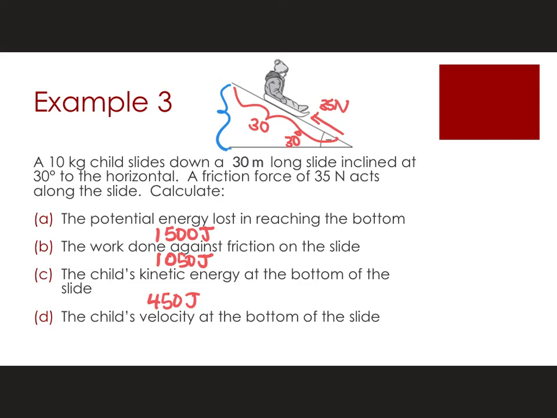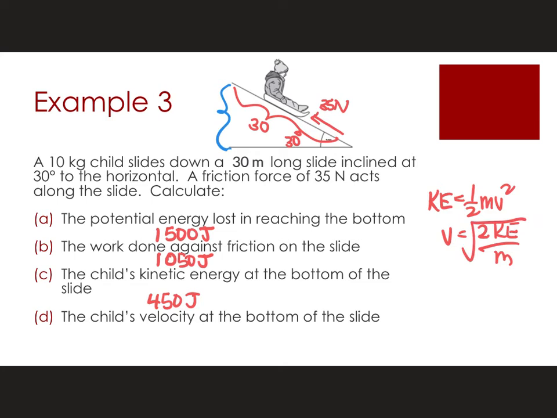Now that I have the kinetic energy at the bottom, I can use my equation. Kinetic energy is 1/2 mv squared, and then I'm going to move this around. v will be the square root of 2 kinetic energy over mass.